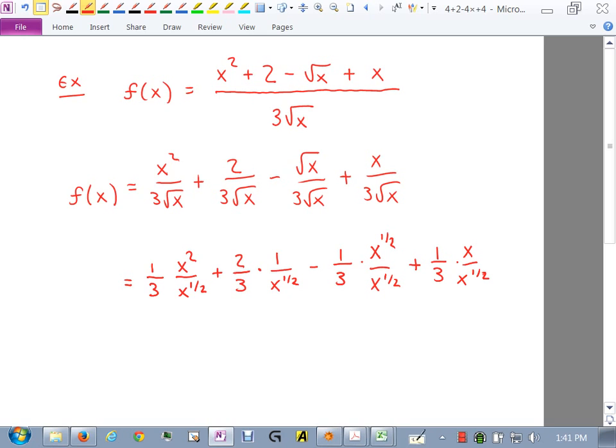So what I'm doing is pulling everything apart to make everything powers of x. I rewrote all my roots as x to the 1/2, everywhere I saw square root of x. When I had a constant, like right here, 3 on the bottom, I rewrote that as a 1/3, because 3 on the bottom is the same as 1/3 out front. 2 over 3 is the same as 2/3 out front. This is like a negative 1/3. This is like a positive 1/3. Are y'all okay with that? Now let's just rewrite these. I haven't done any calculus yet, right? This is all algebra at this point.